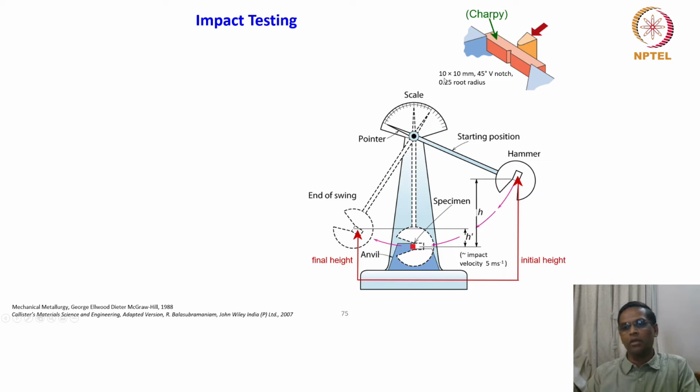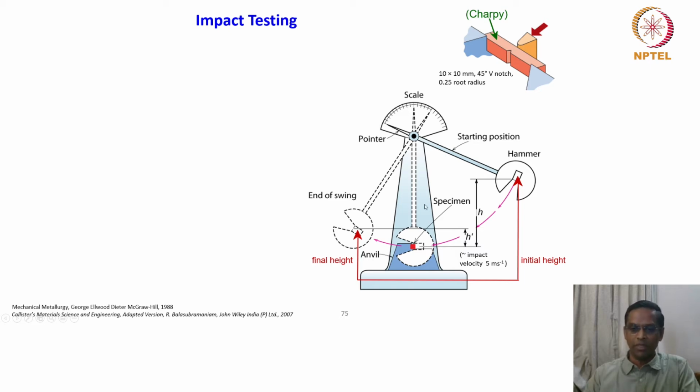The sample dimension is typically 10 by 10 mm square, with the notch in the center at about 45 degrees. The root radius is about 0.25 mm, which can be characterized or cross-checked with the shadow camera and so on.